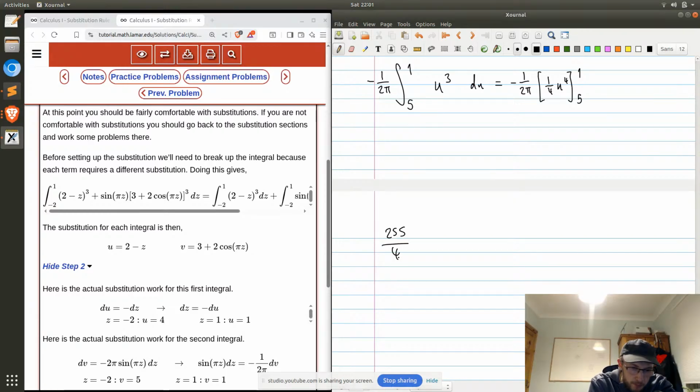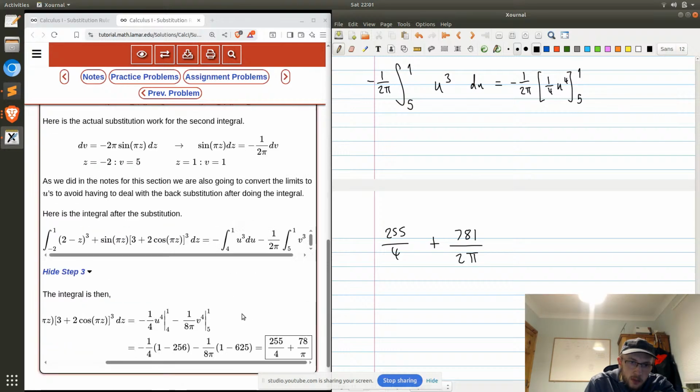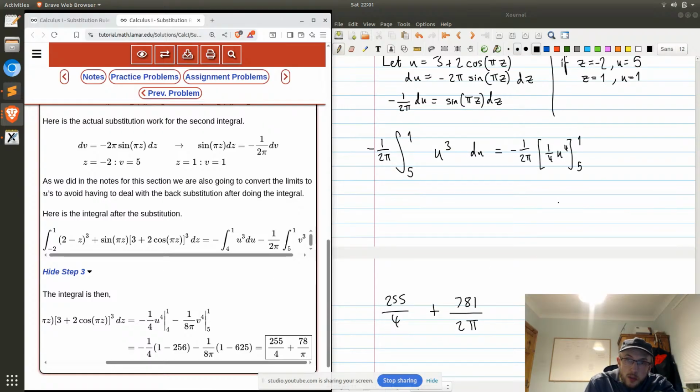Now, we have minus 781 from this, and times that by 1 over 2 pi. Like that. That's what we got. But is it right? Of course not. Do you know why? Because it's not 3125. It's 5, 25, 125, 625. I keep forgetting that that's the correct power of 5.